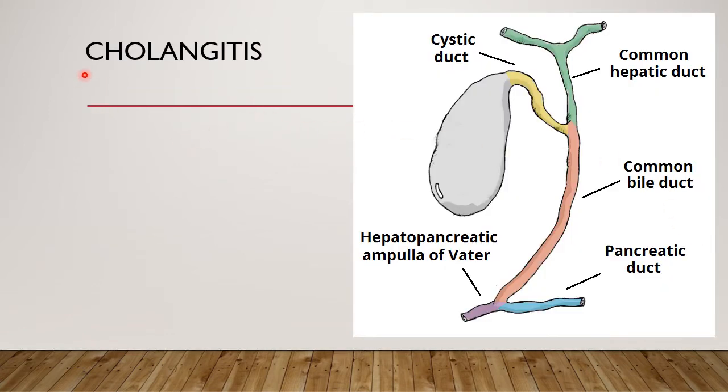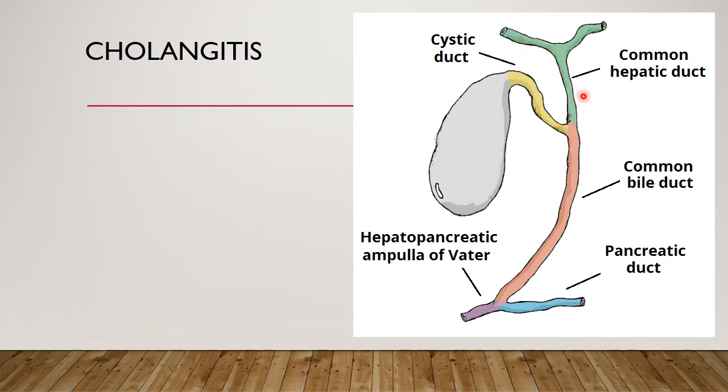Having discussed the clinical case scenario of this patient with ascending cholangitis, I shall now go into some salient points about cholelithiasis with ascending cholangitis. To understand that, this is a picture showing you what cholangitis is.